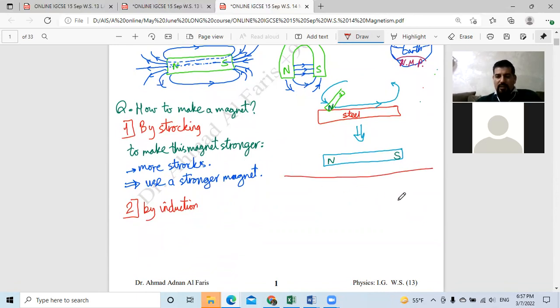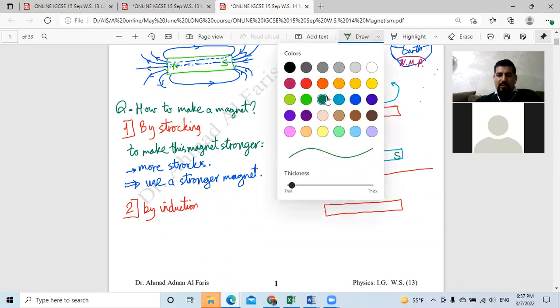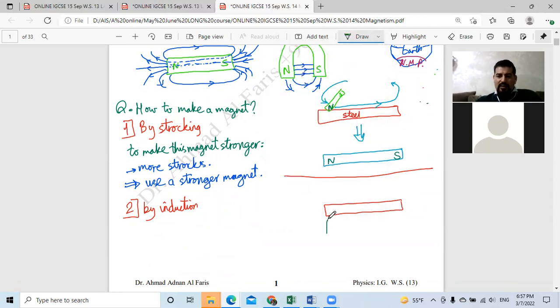Now we have the magnet, and I bring some paper clips. These paper clips are made of what? Steel. You can see that they join each other. They are connected and make a chain.